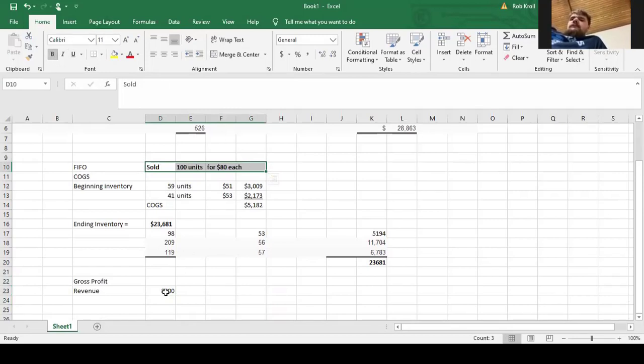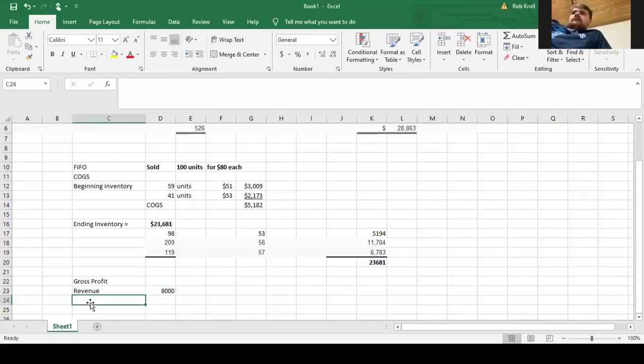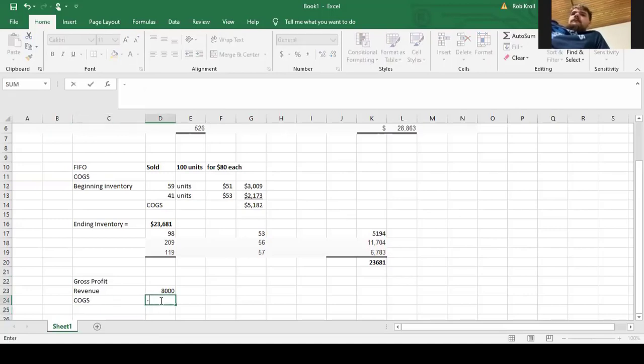The number of units I sold times the price I sold each of them for to my customers, right? If I want to calculate gross profit, I'm going to have to subtract the cost of goods sold from that revenue. So my gross profit should be $2,818 in this example.